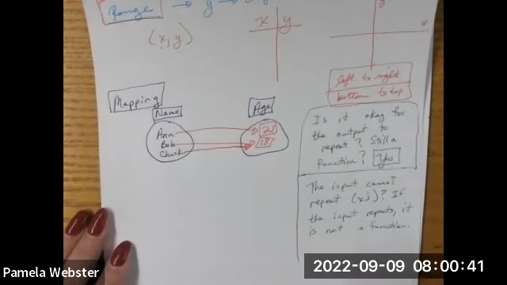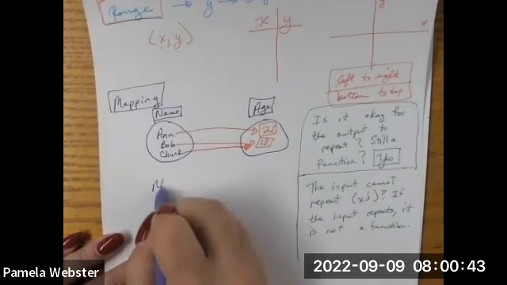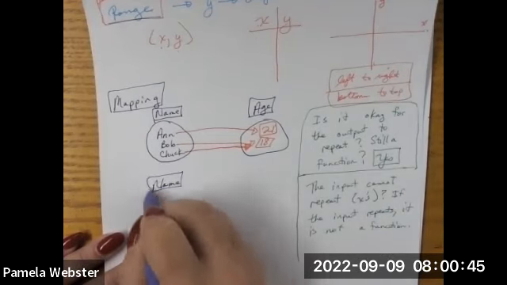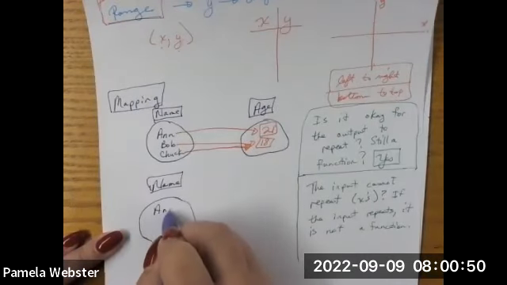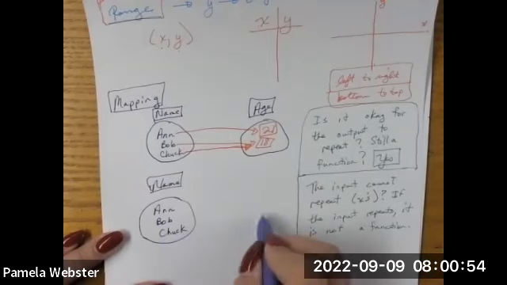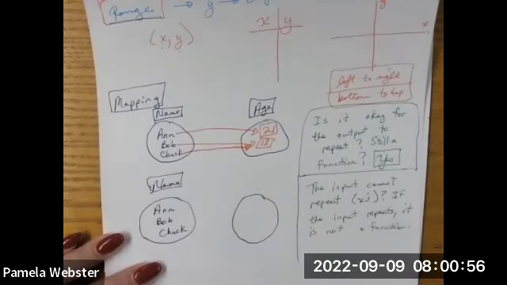So let's still use Ann and Bob and Chuck. So I'm still using name over here. Ann and Bob and Chuck, same input. And I'm going to match them with a group over here. And this time we're going to say addresses.